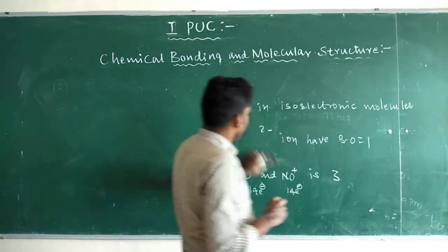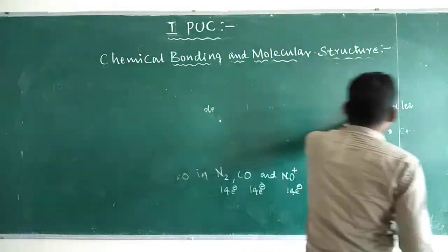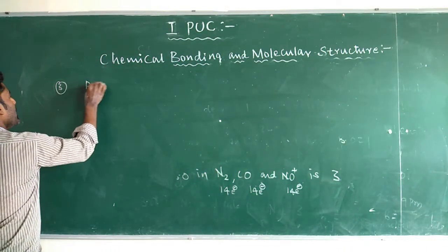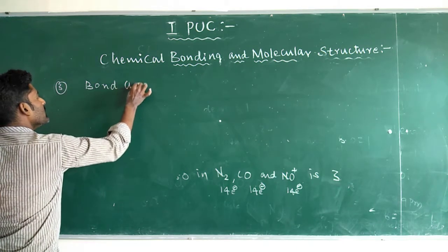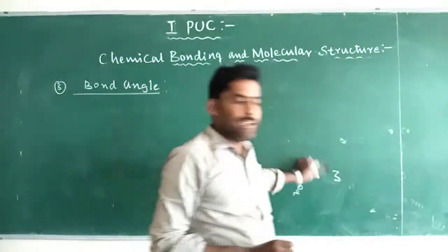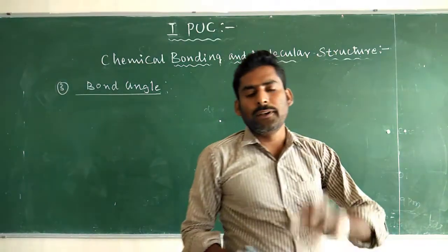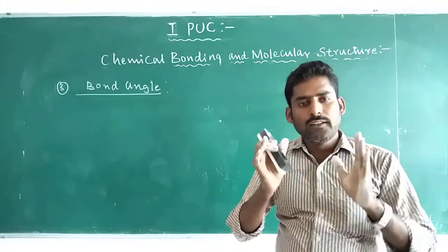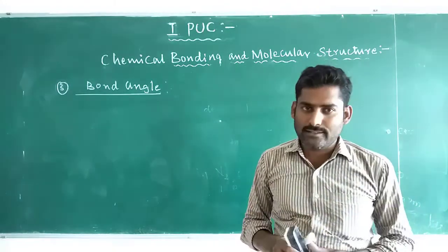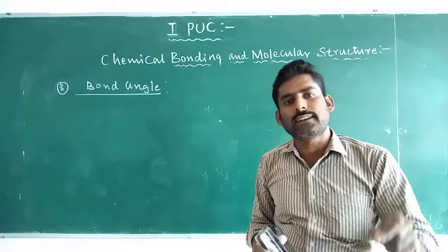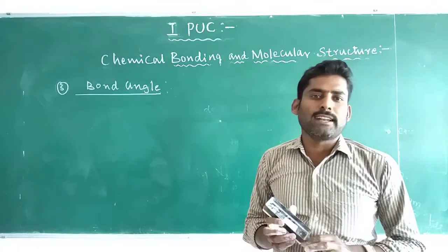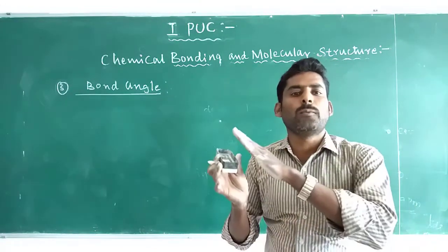Okay, next. Third one, bond angle. Bond angle is nothing but the angle between the orbitals containing shared pair or bond pair electrons around the central atom in a molecule or complex ion.